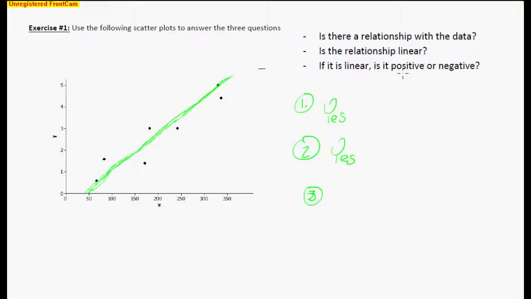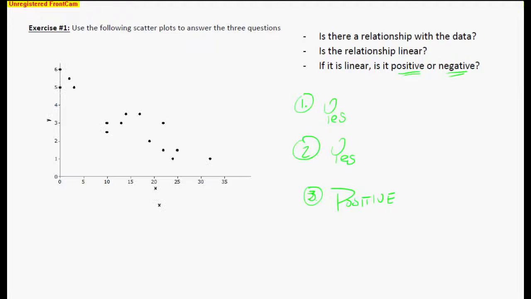This is really the new idea of today. Is that a positive relationship or a negative relationship? Well, if it goes up to the right, then it is a positive relationship. So that is definitely positive. If it goes down to the right, that's going to be negative. So that's pretty easy.